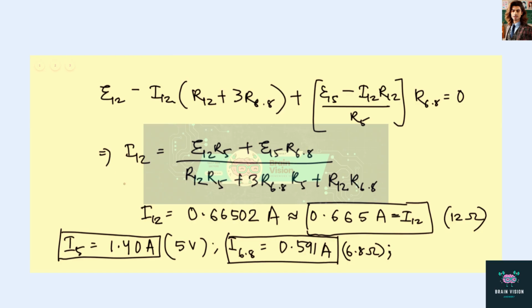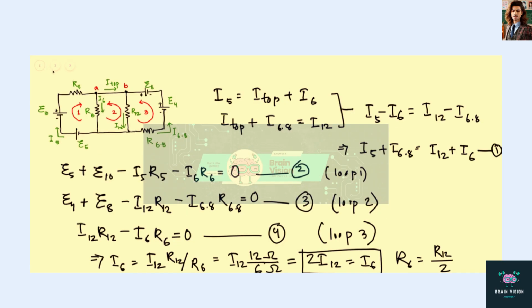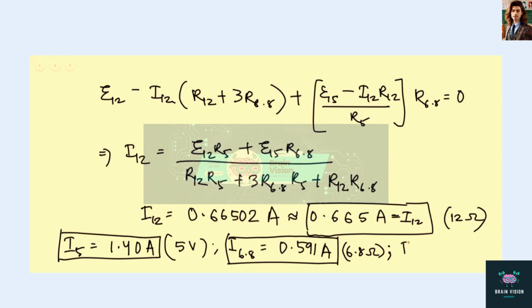And then we can find I6. That should be easy, because I6 is just twice of I12. We could have done that just after finding I12. But anyway, I6 is 1.33 ampere, and that is the current flowing through the 6 ohm resistor.